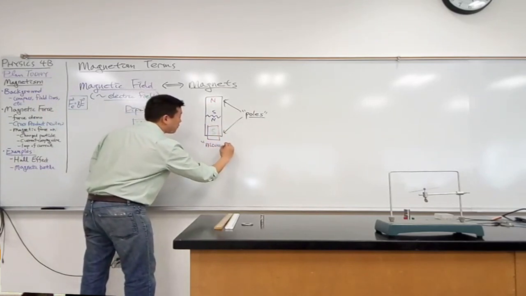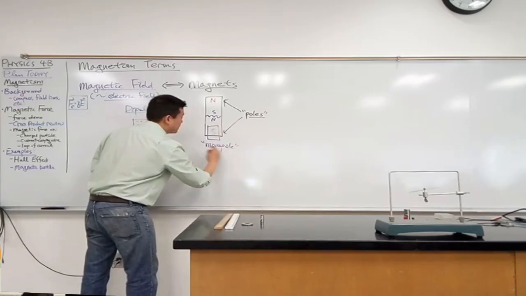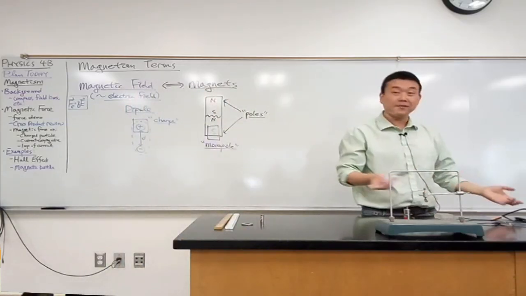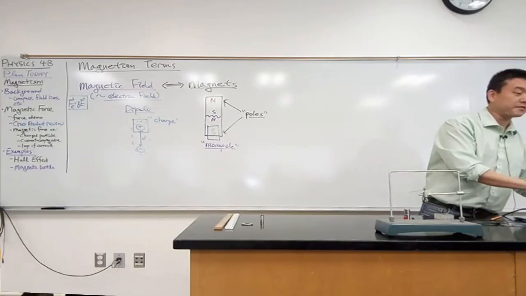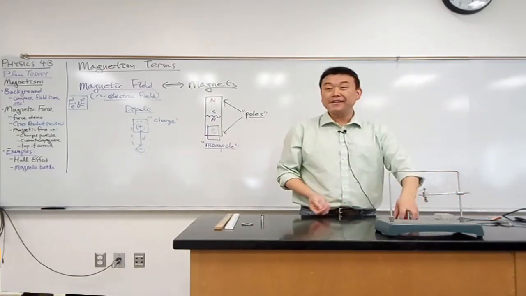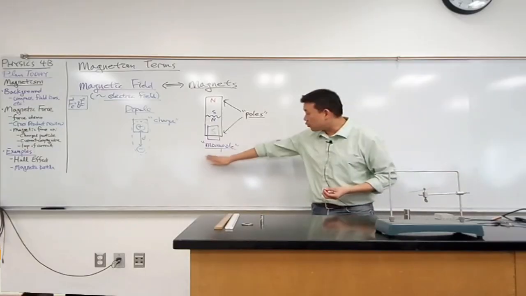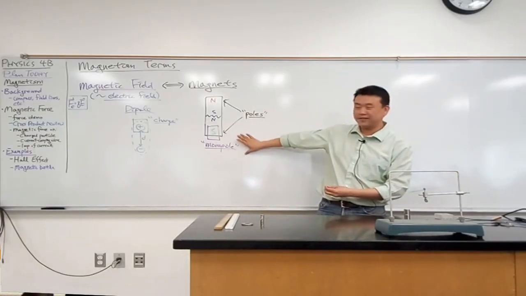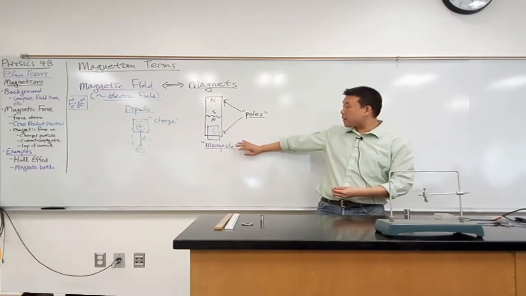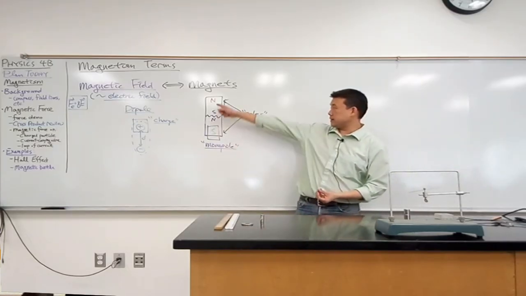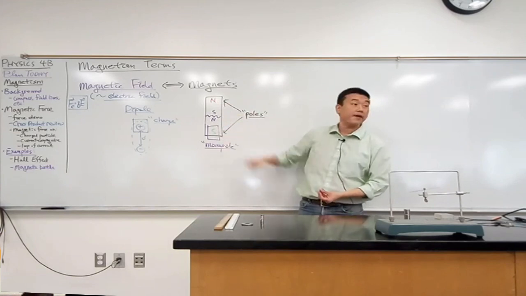And magnetic monopole is actually a pretty interesting topic of research. People have been looking for it for a long time. There were a couple signals that people could not reproduce later. Magnetic monopole is something interesting to look at if you're interested, but we're not really going to get into that. For the purpose of this class, every time you see a magnet, it occurs always as a combination of north and south.